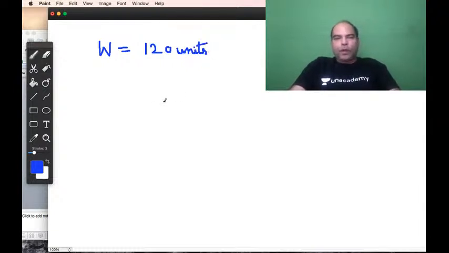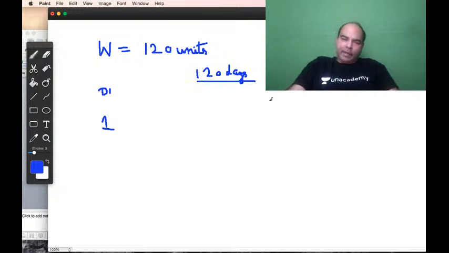Assume that your work is 120 units, and then on day 1 one person is working, and since everybody finishes the work in 120 days, the efficiency of each worker is basically 1 unit per day per person. So when one person works, he does 1 unit of the work.